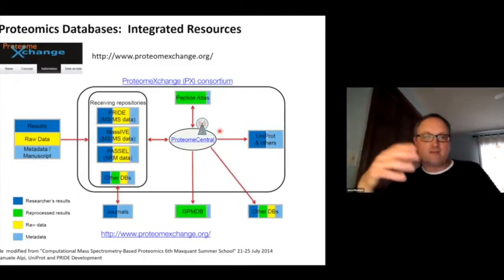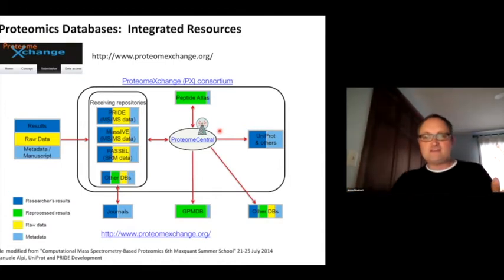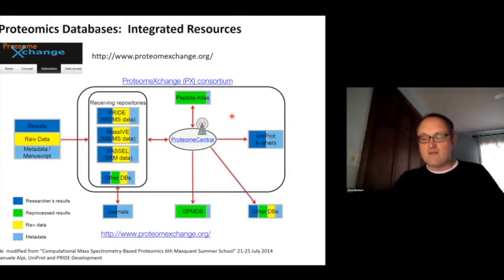I did mention that there are efforts to try to tie everything together, and this busy slide is giving you one example. It's a little bit outdated, but it's pretty much still the same infrastructure. This is the ProteomeXchange. The idea is we recognize as a field that there are lots of ways that data are collected and then curated, so we can have one central resource that pulls everything in and keeps it together, so you can always have a uniform way to curate the data.